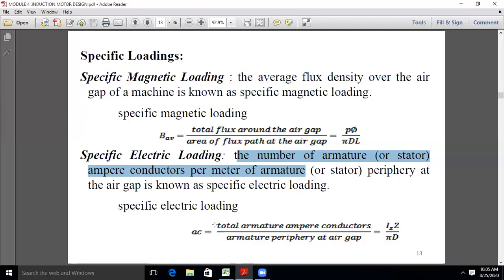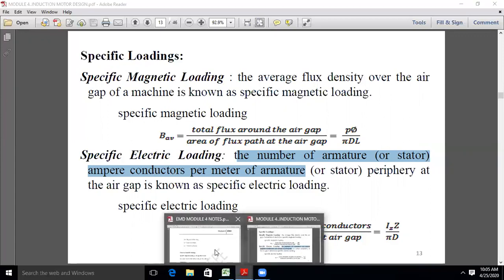It is the ratio of the total armature ampere conductors, that is I Z, divided by the armature periphery at the air gap. The armature periphery is given by pi into d. So this is specific magnetic loading and specific electric loading.